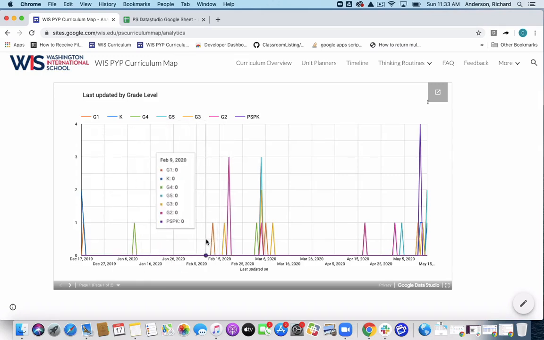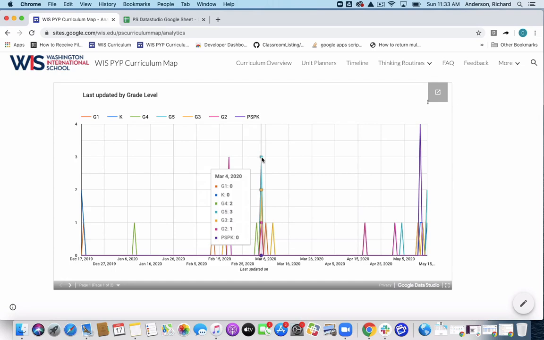This means that most of the units are getting updated even well beyond the time that they were actually in use and being utilized for teaching. So that means there's resources being put into these documents beyond the time that that unit is occurring.